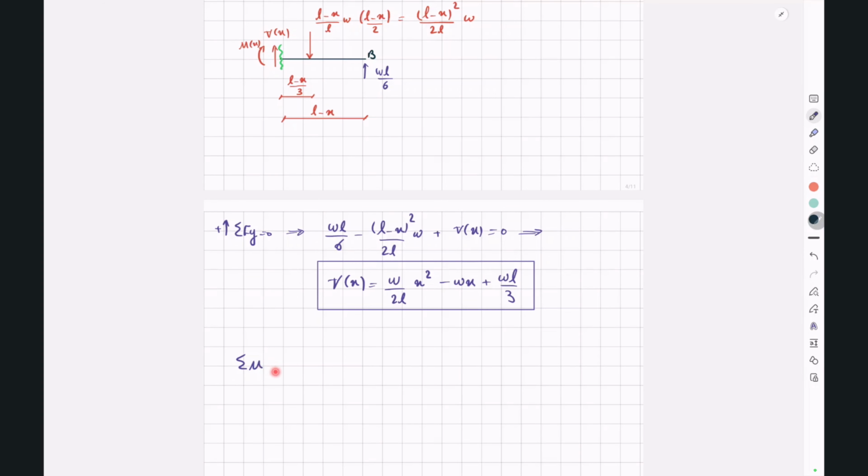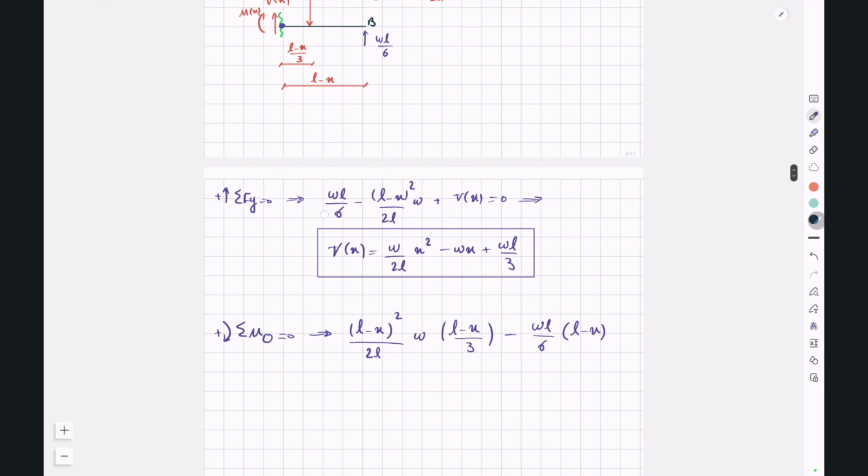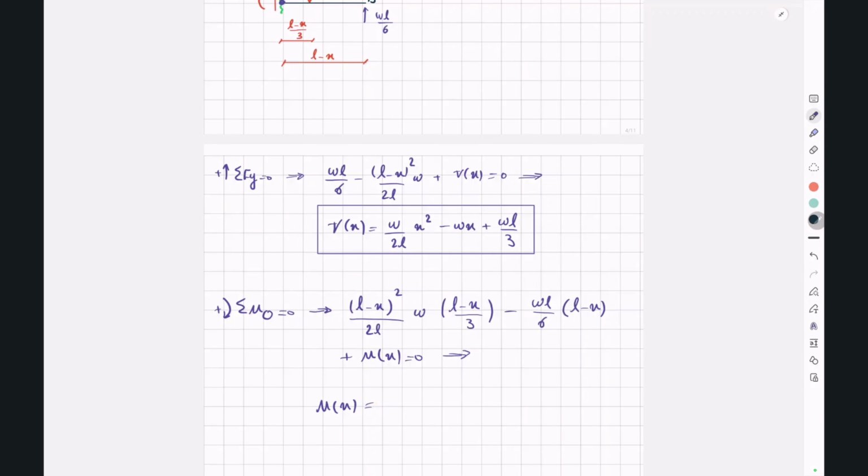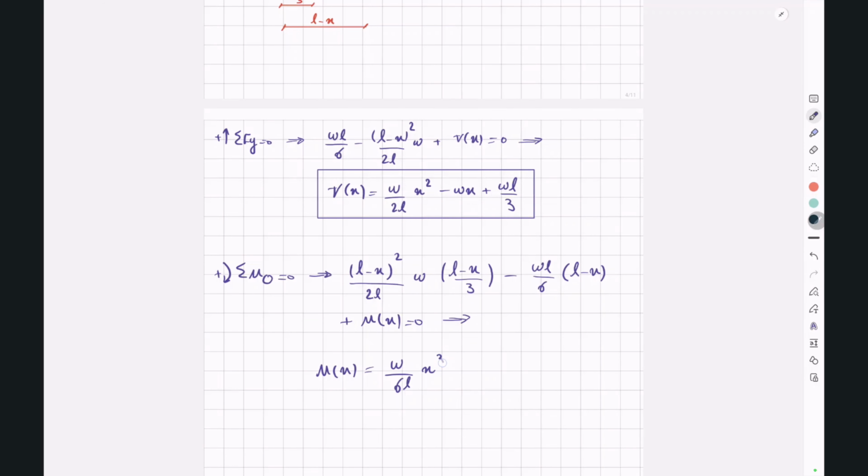Now if we write sigma M around this point equal to 0 in this direction, we have this force multiplied by this distance, so L minus x to the power of 2 divided by 2L multiplied by W multiplied by L minus x divided by 3, minus WL over 6 multiplied by this distance, plus Mx is equal to 0, and this will give us an Mx equal to W over 6L x to the power of 3 minus W over 2 x to the power of 2 plus WL over 3 x.